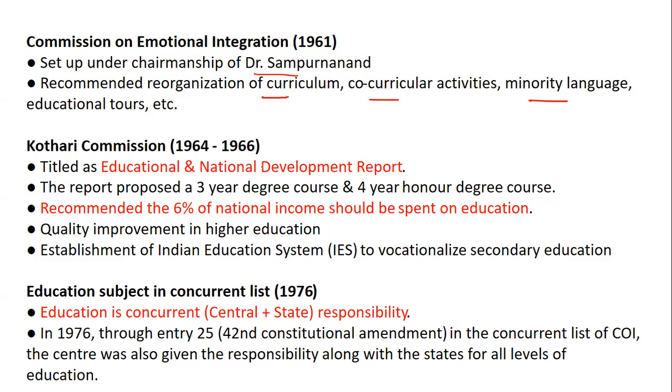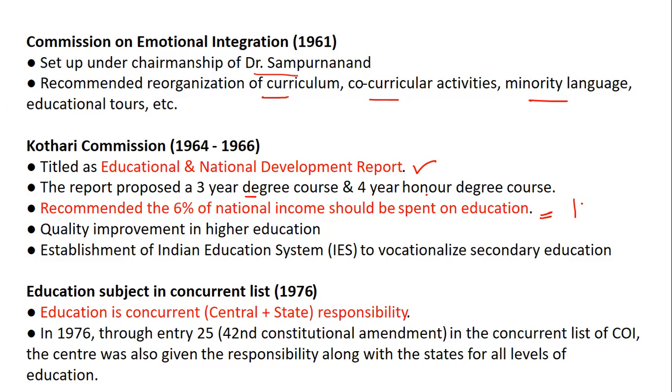Now let's see. The Kothari Commission was titled the Educational and National Development Report. The report proposed a 3-year degree and 4 years honors, which is common, but you should keep in mind which of them proposed this, right? Next, it recommended that 6% of national income should be spent on education.